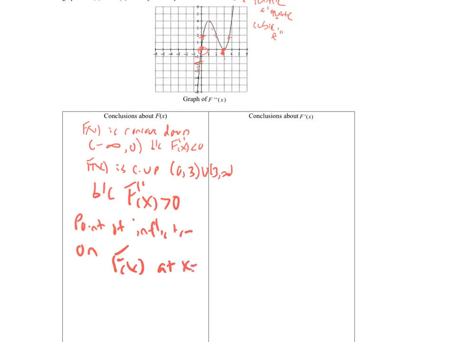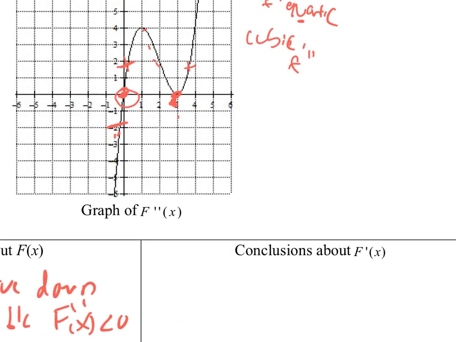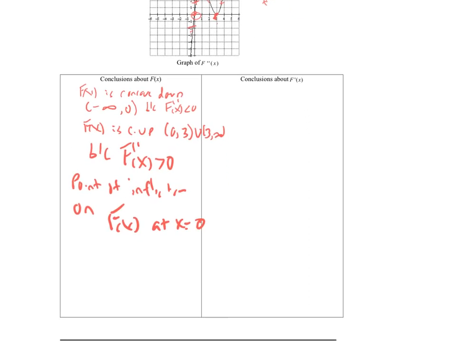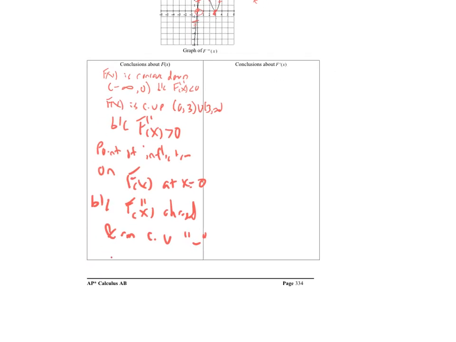at x equals 0, because f double prime of x changed from concave down, which means negative, to concave up, which means it's positive.